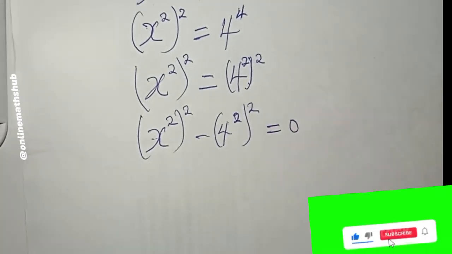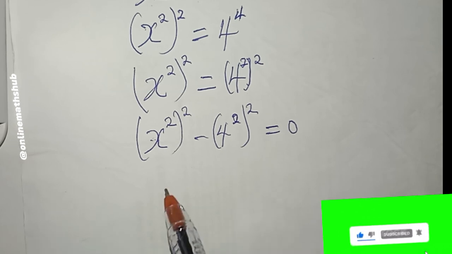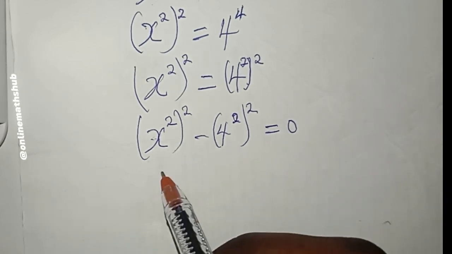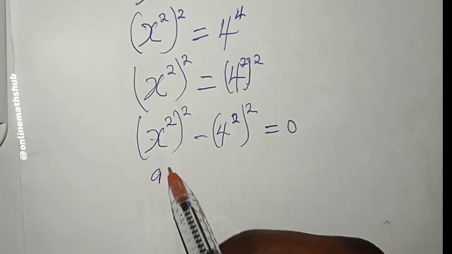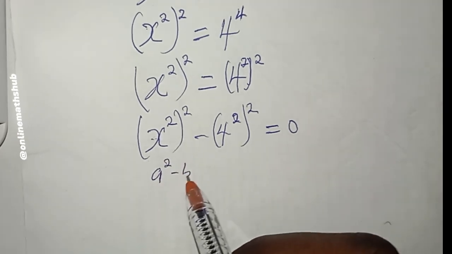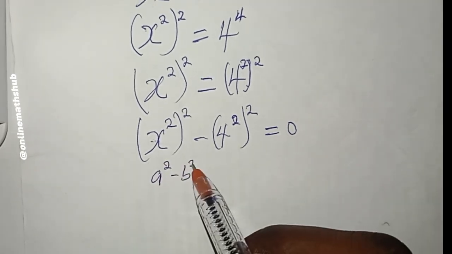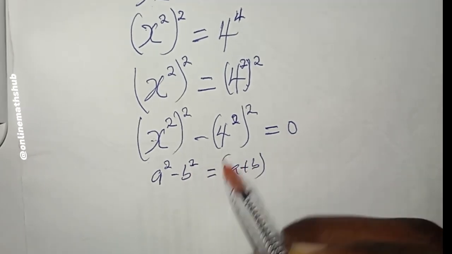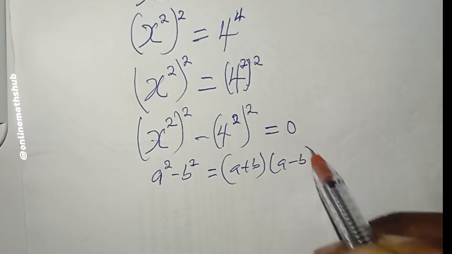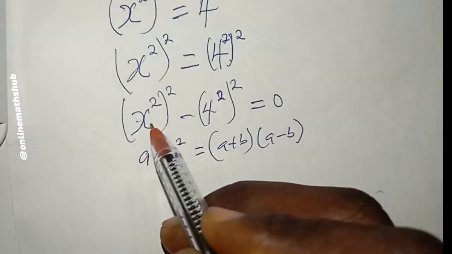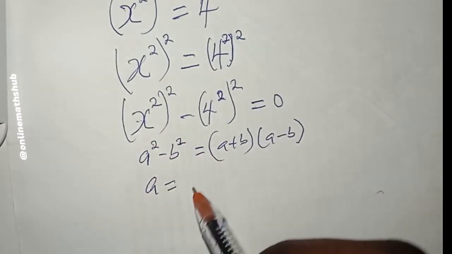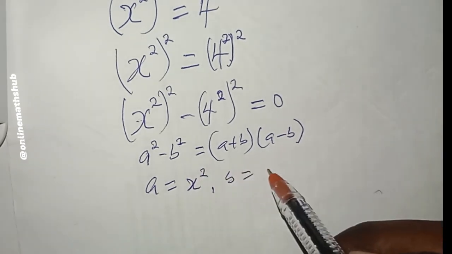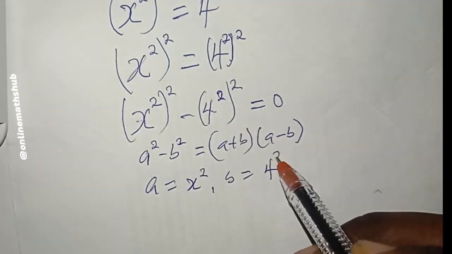So clearly here you can see that we have a difference of two squares. You can remember that if you have a squared minus b squared, you can expand this to be a plus b, multiplied by a minus b. So in this case our a is equal to x power 2, and our b is equal to 4 power 2.